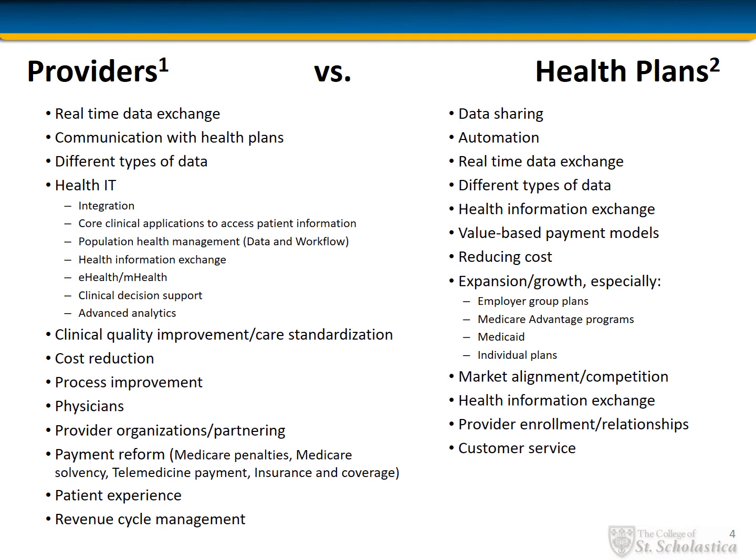Suffice it to say, Medicare has always been the 500-pound gorilla, even as it professes to have reduced its weight. But both providers and health plans are concerned about cost reduction and revenue production via better revenue cycle management or expansion growth of business, or both.